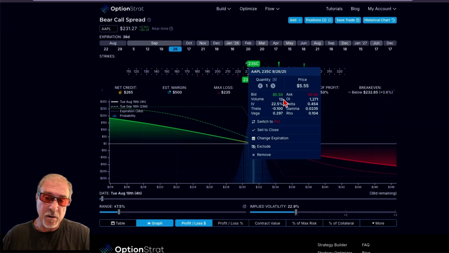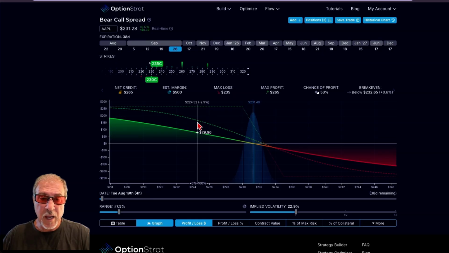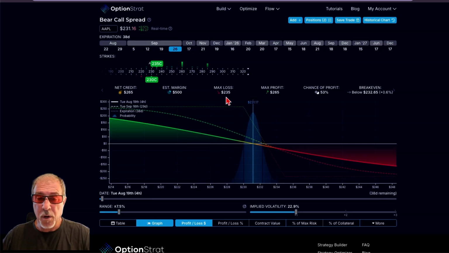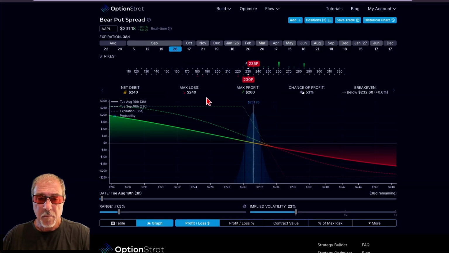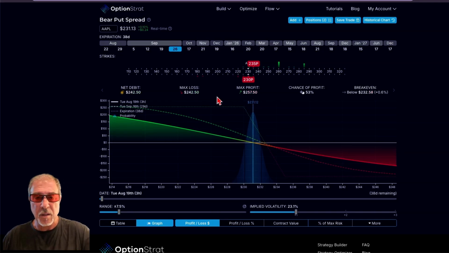And I'm going to pay $5.50, $5.60 for that. So the payoff is pretty much about the same. This is max loss 235, max profit 265. Here, max loss 240, max profit 260. Of course, these numbers are going to change a little bit as the bid-ask spread moves around on me.